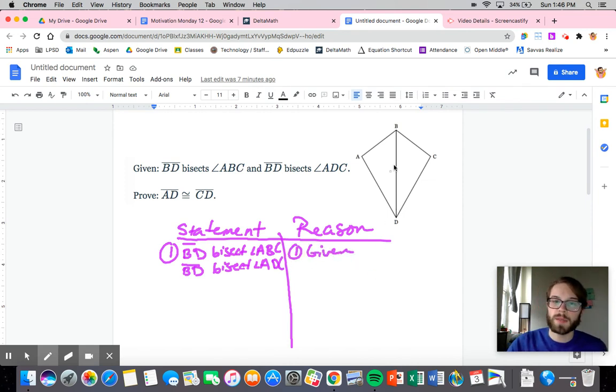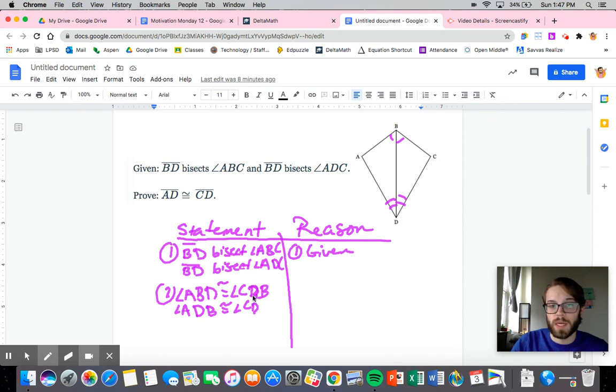Okay, so BD is bisecting ABC, which means that these two are the same. And BD is bisecting ADC, so that means these two are the same. This is a situation where we really do need to be specific, right? If I just wrote angle B, well, which angle am I talking about? So I do have to say angle ABD is congruent to angle CBD. And I also know that angle ADB is congruent to angle CDB.